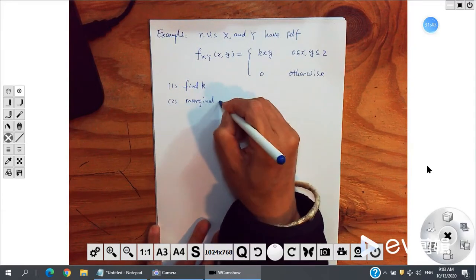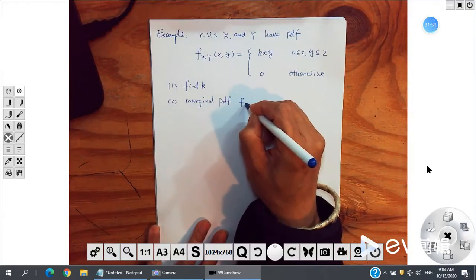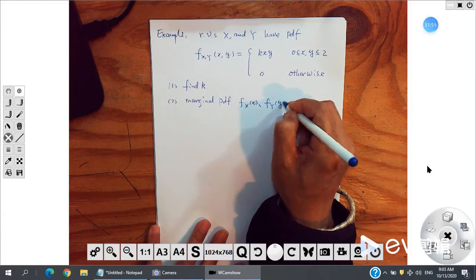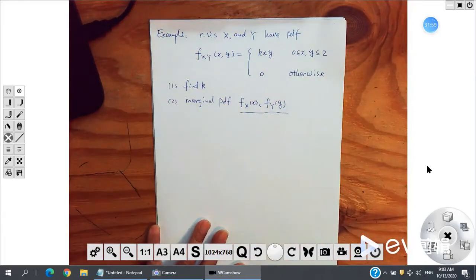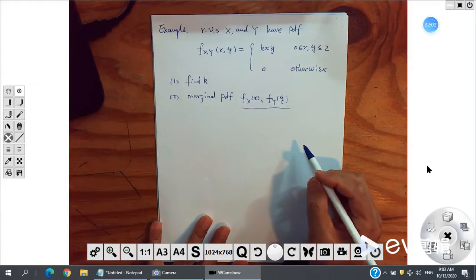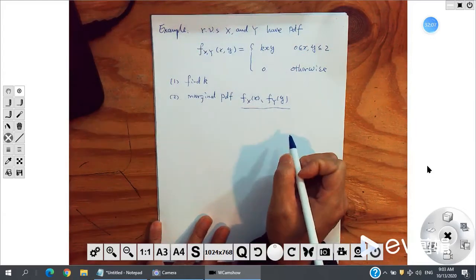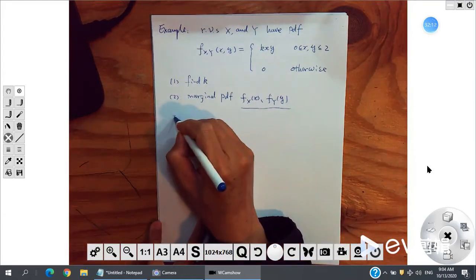The marginal PDFs are f_X of x and f_Y of y. We want to find these. In this case, they are somewhat complex. We need to find the CDF before we do this one.